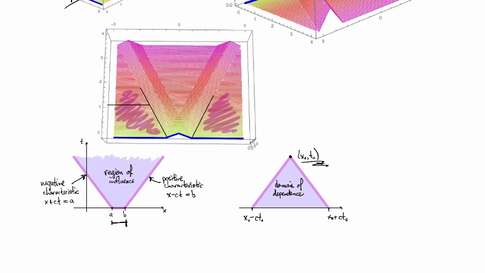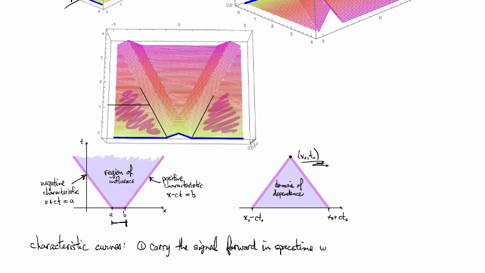And so we see that the characteristic curves, first off, carry the signal forward in space-time with speed c, and let me just emphasize this is finite.